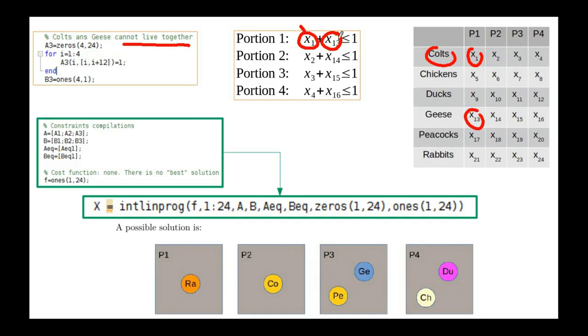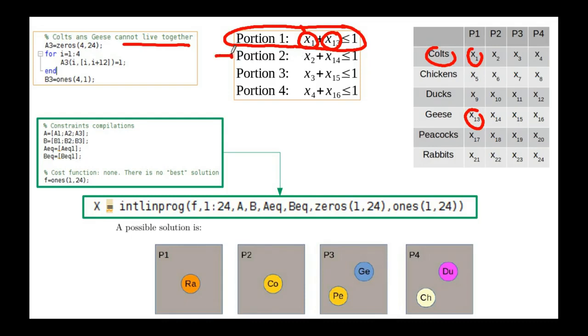So I must force that this addition is less or equal than 1. This way I'm avoiding both having a number 1. So with this equation I try to avoid cows and geese in the same portion number 1.